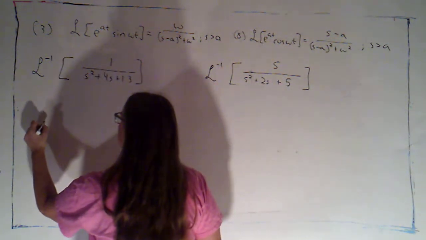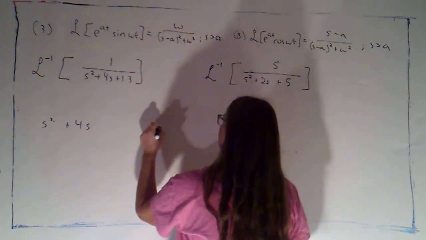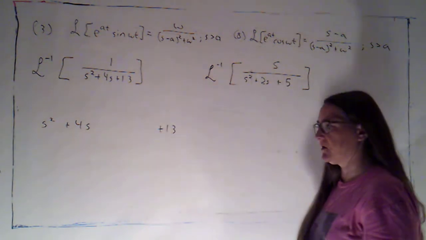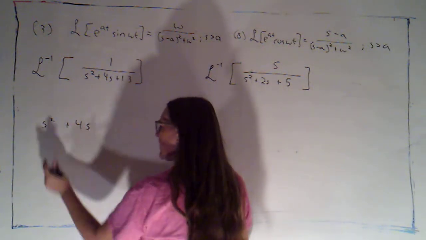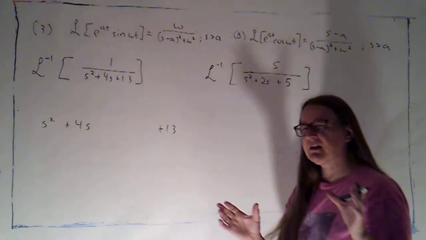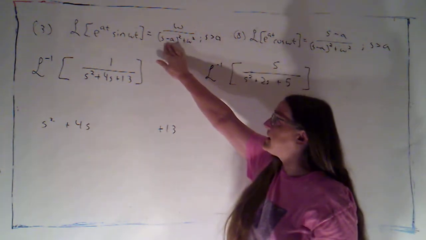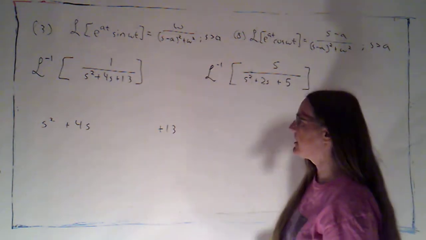So looking at just the denominator there, I've got s squared plus 4s plus 13. Now I'm purposely leaving some space here because what I want to do is say, if this were a perfect square, so if this were s plus some number squared, and I usually think of it in terms of s plus some number squared, and then I recognize that in this formula I'm viewing it as s minus a number squared.